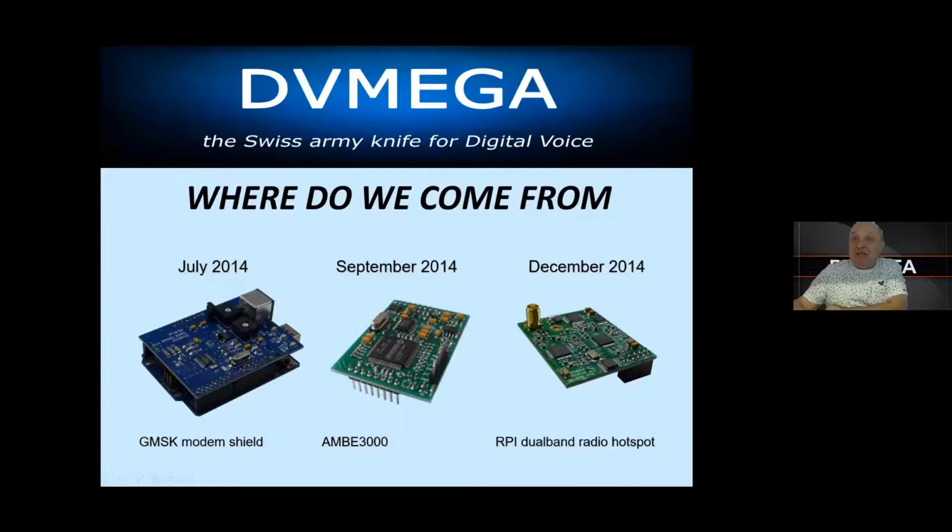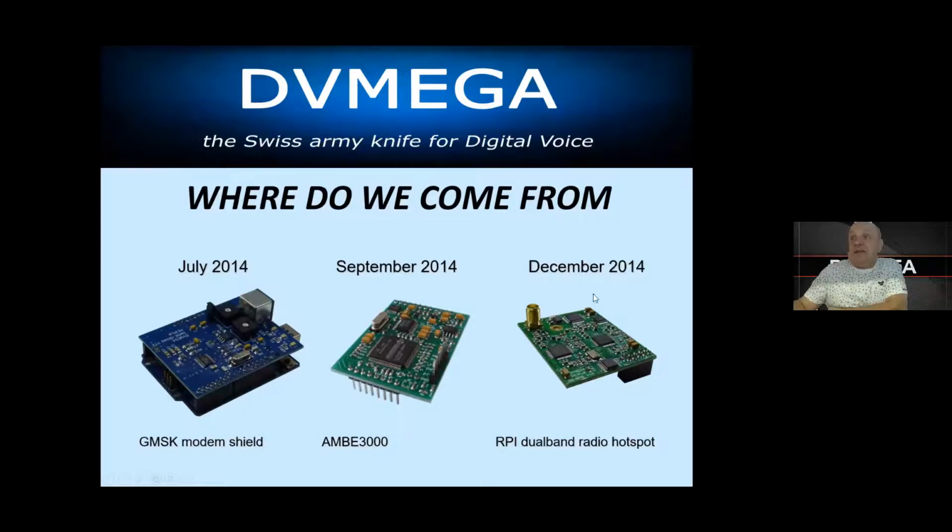But it's still available, the GMSK modem shield and the AMBE3000. You see the analog to digital converter here and the AMBE. This board can be plugged on an Arduino Mega, and you can do your own vocoder experiments.